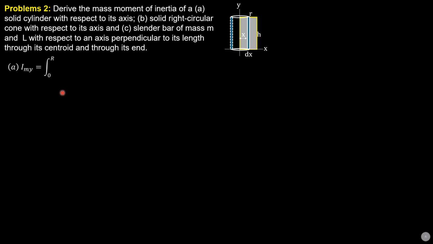And I hope that you already mastered that, because as of now, if you still cannot master it, I consider you still weak in math. And it's not good if you proceed without understanding the basic concept. So constant distance squared, x squared, and density times differential volume.